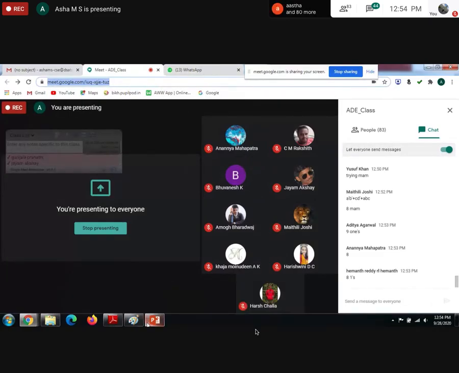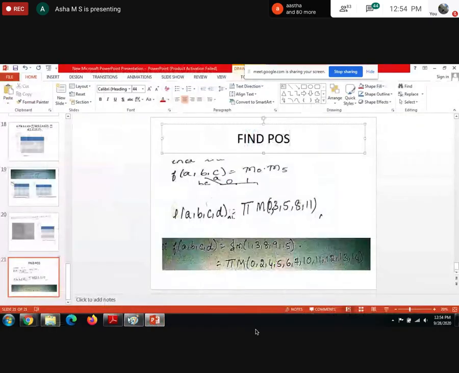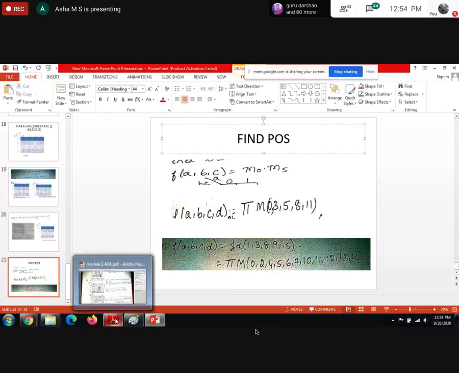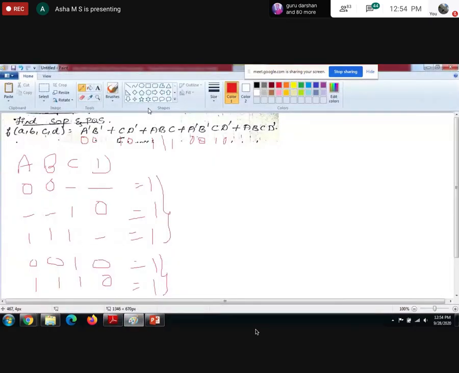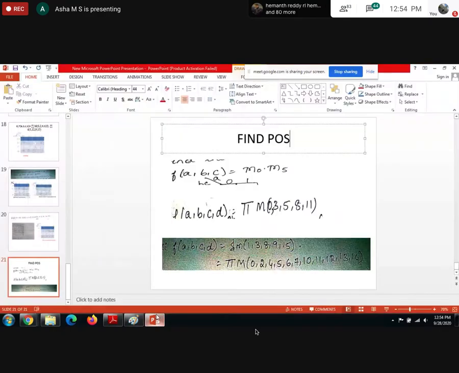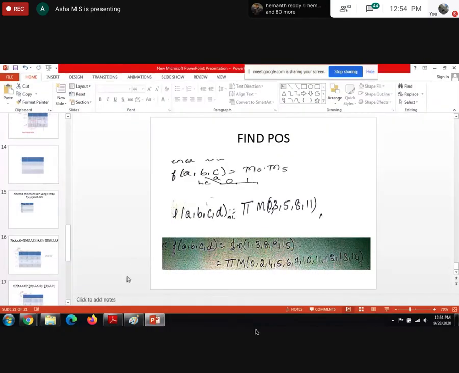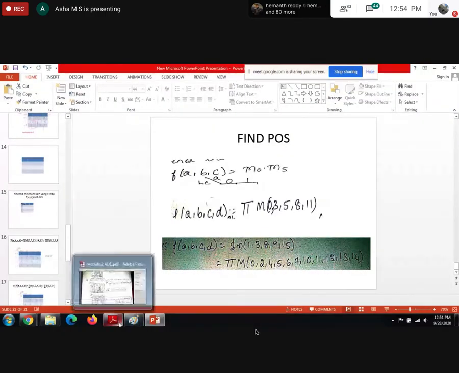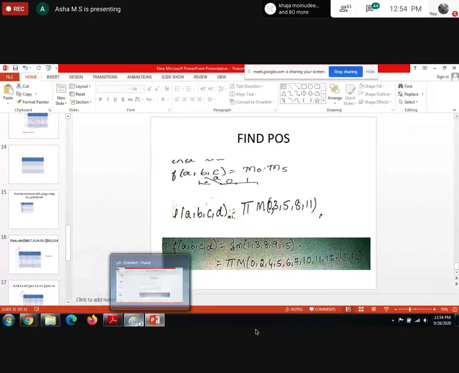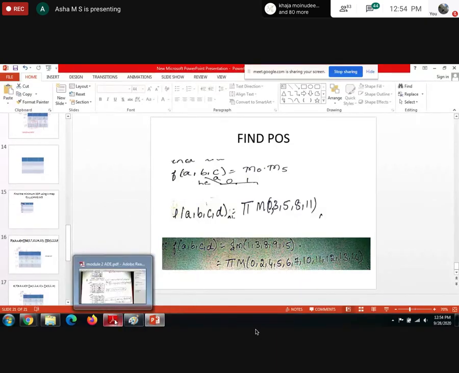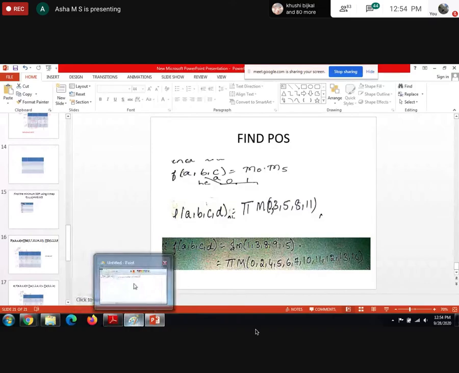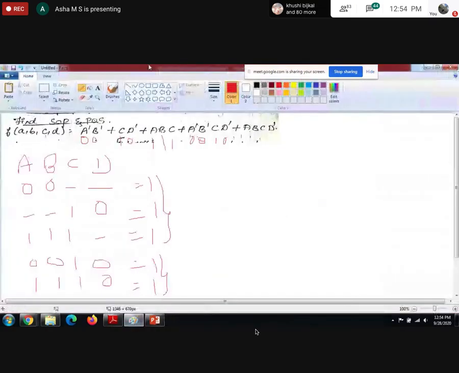Hemant Reddy is saying 8 ones. Okay. I'll give it as truth table or K map. What do you want? Truth table or K map?